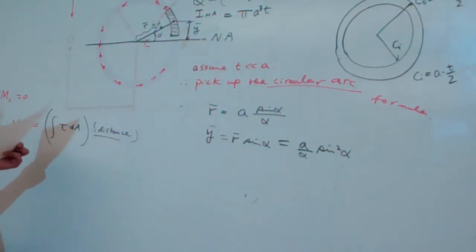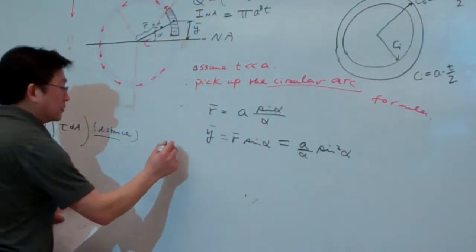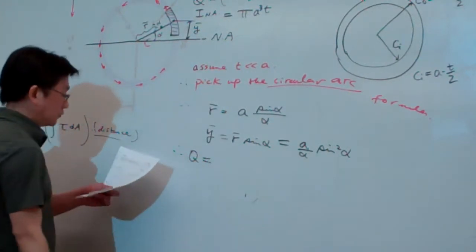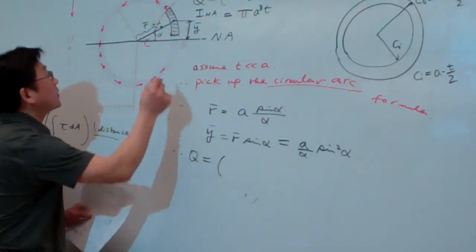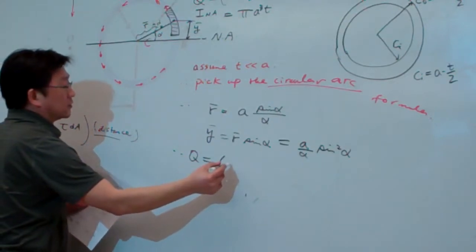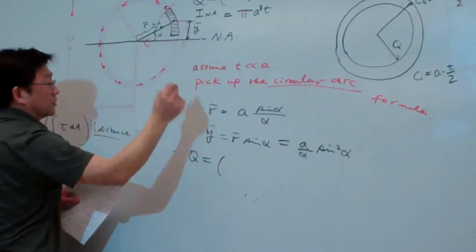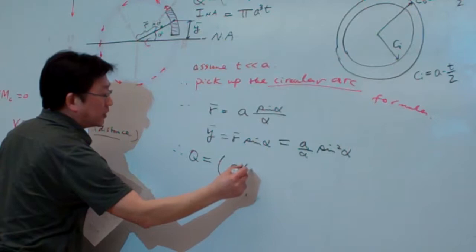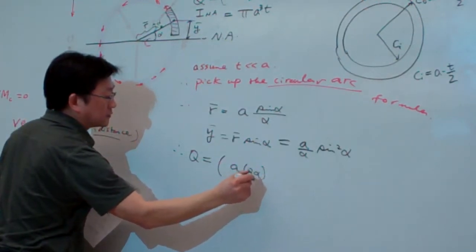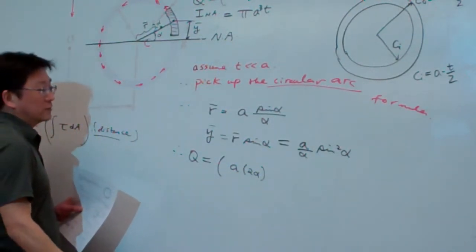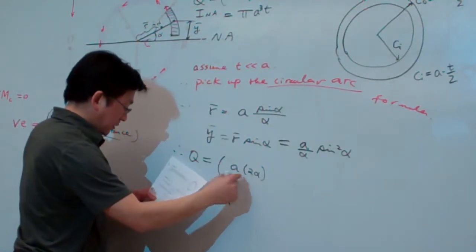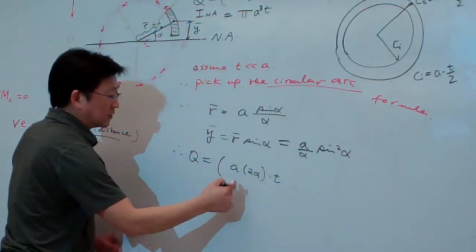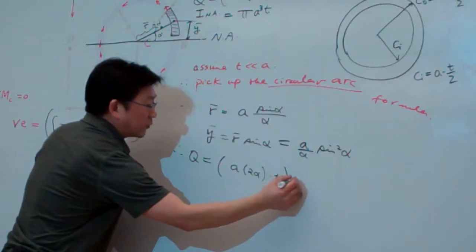Okay, so now we're almost ready. Therefore, Q will be equal to the area, the shaded area, which is A times the radius times angle, that is A times T, and multiplied with y bar.